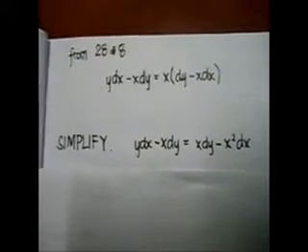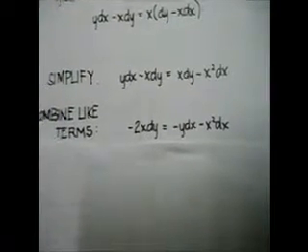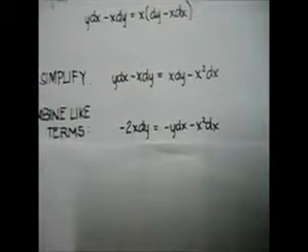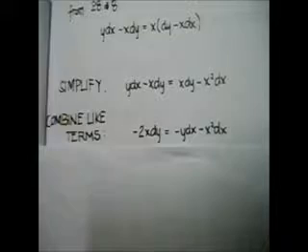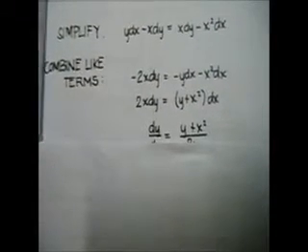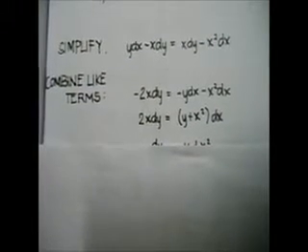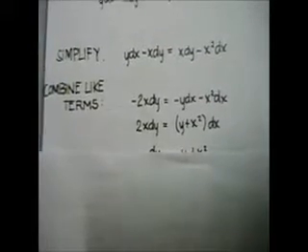Simplifying further by combining like terms, we have negative 2x dy is equal to negative y dx minus x squared dx. Multiplying both sides by negative 1, we have 2x dy is equal to y plus x squared dx.